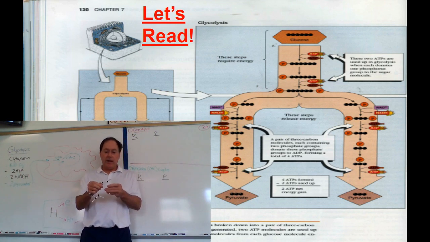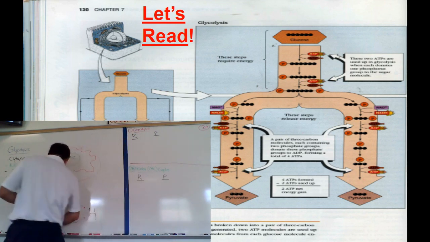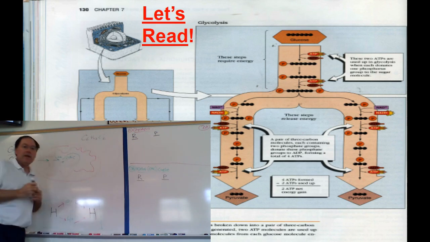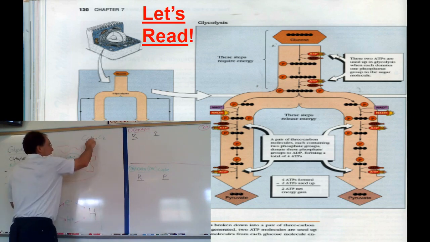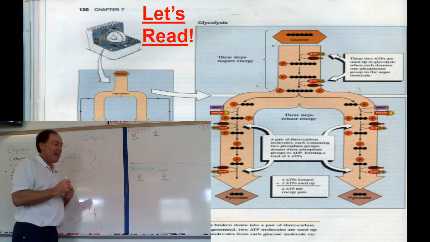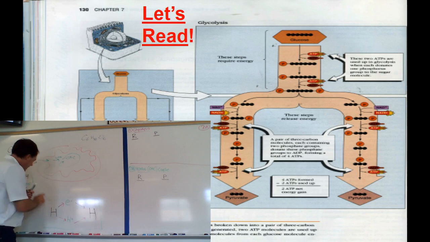I know here that if glucose is C6H12O6, then by the end of this process, I should have C6H, that's not true, not H10, because every time an NAD gets reduced, it takes 2 hydrogens.